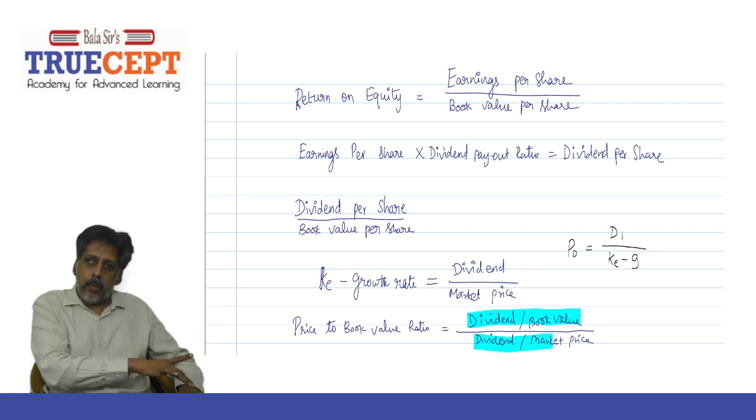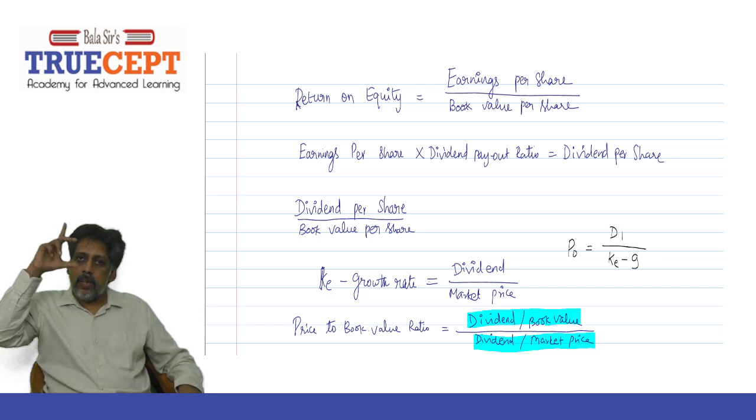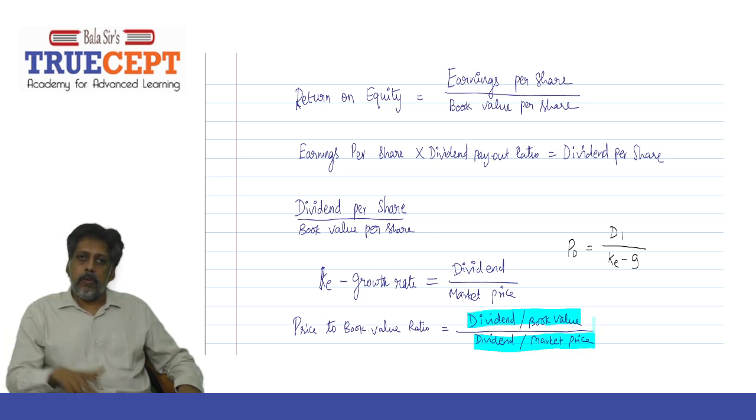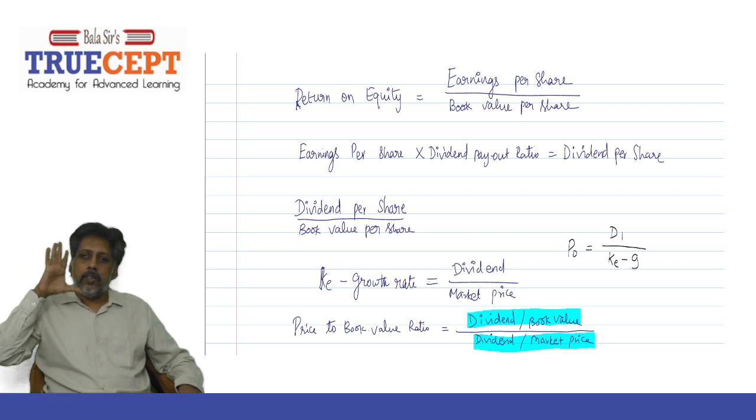Cost of equity minus growth rate gives you nothing but dividend by market price. When you do this, automatically the reciprocal will become price to book value. Is that fine? Yes, sir. Numerator dividend by book value, denominator dividend by market price, so the reciprocal becomes price to book value. Got it? Yes.